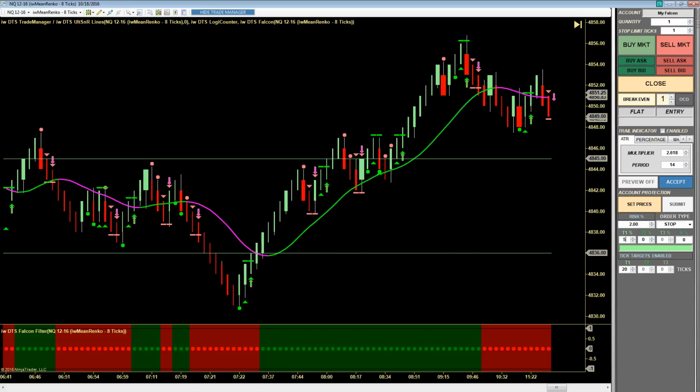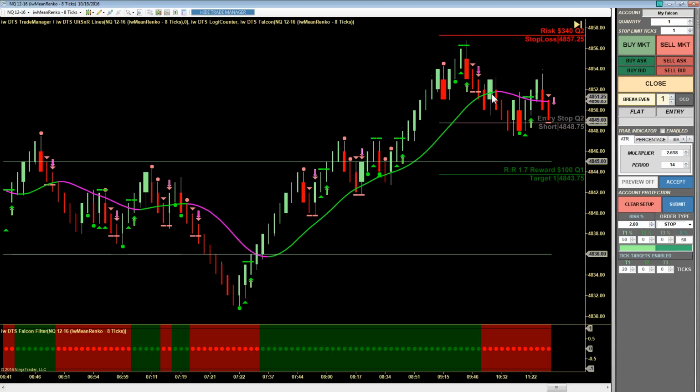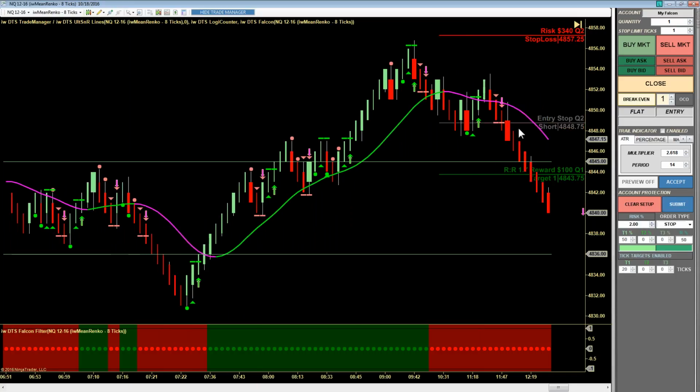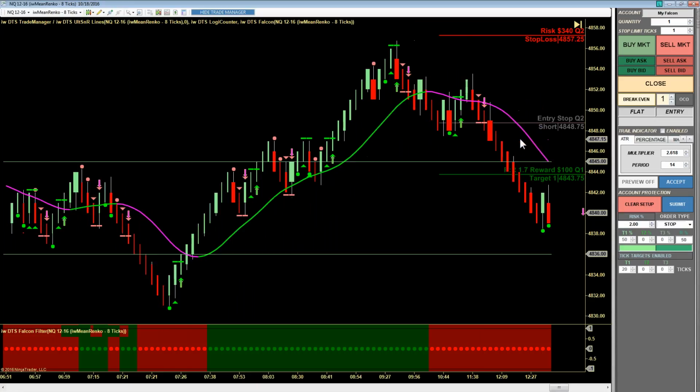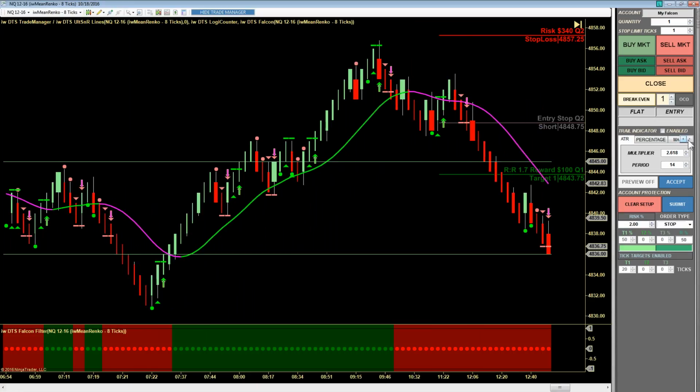So let's say I do a 50-50 trade. All right, so right now my stops would be at break even. And after this little swing, I'm starting to get a lot of open profit. Let's say I go to a parabolic stop.